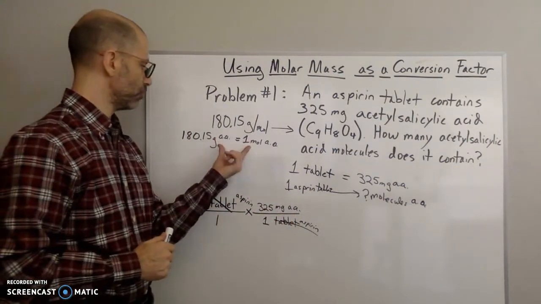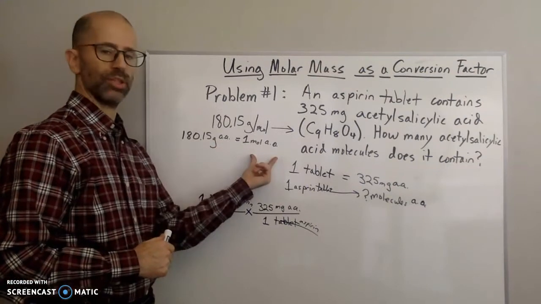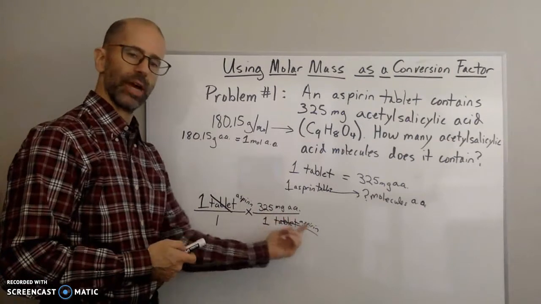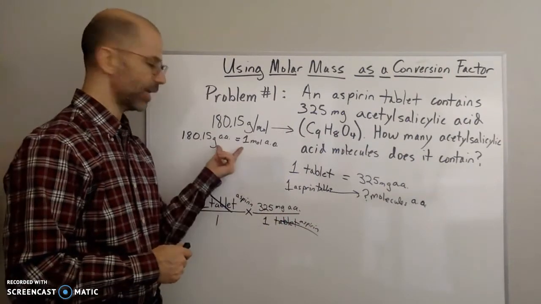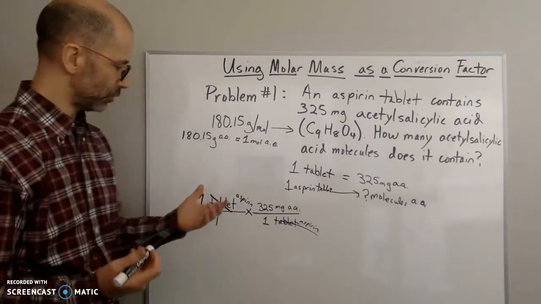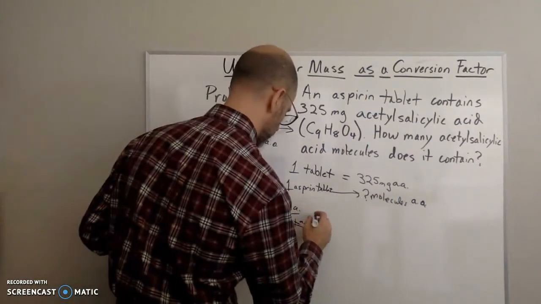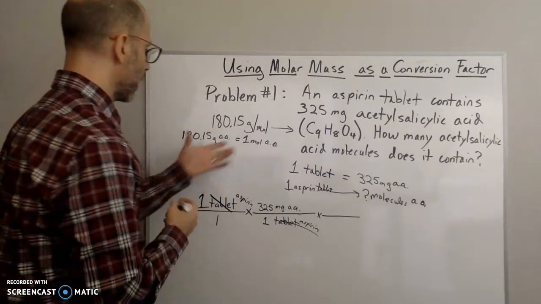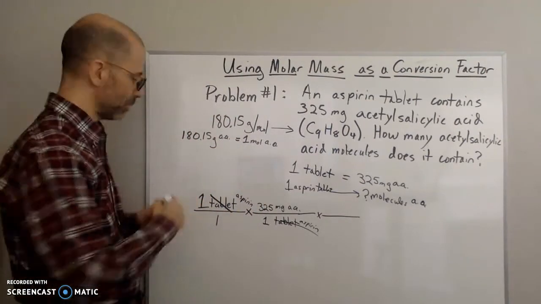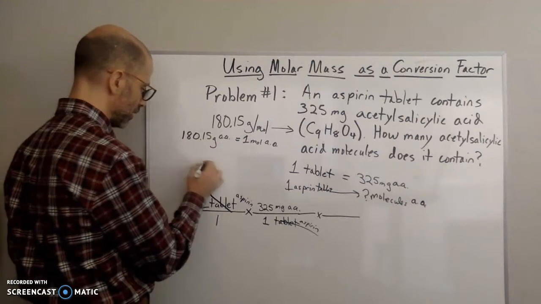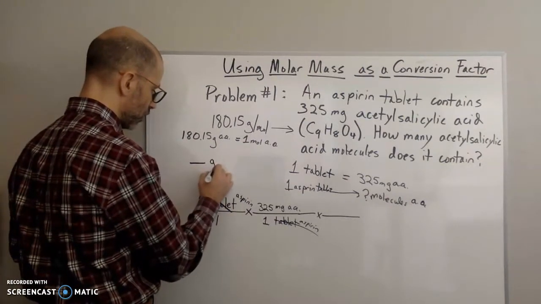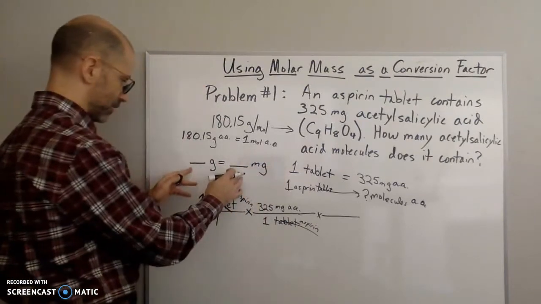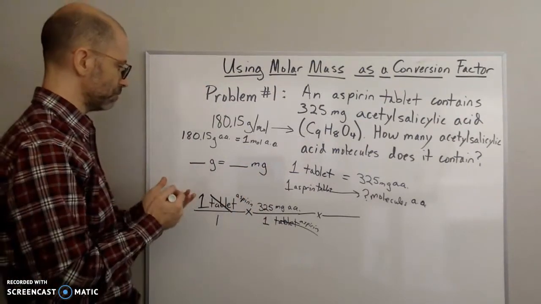Now, if I want to use my molar mass, grams to moles, I need to get grams. So I need to convert milligrams to grams before I can jump to using molar mass. So let's do that. So I'm going to multiply by another conversion factor. So I need a relation between milligrams and grams. So the way I do this is I set grams equal to milligrams, and I have a space to put numbers.